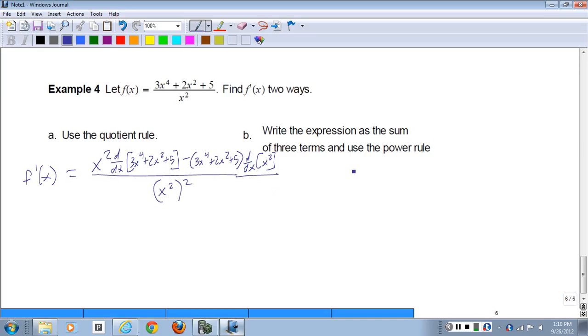Let's try over here. F of x could be rewritten as 3x to the 4th over x squared plus 2x squared over x squared plus 5 over x squared, right?